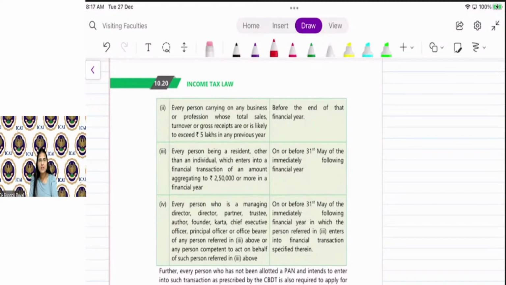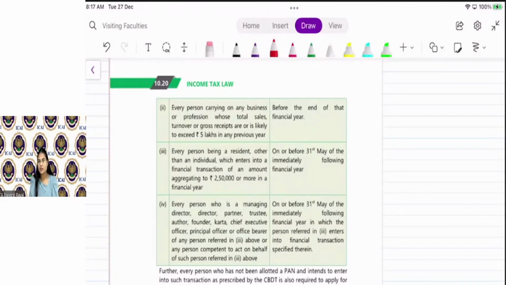Every person being a resident other than an individual which enters into a financial transaction of an amount aggregating 2,50,000 or more in a financial year. Say for example, a company entered into a financial transaction of rupees 2,50,000 or more.